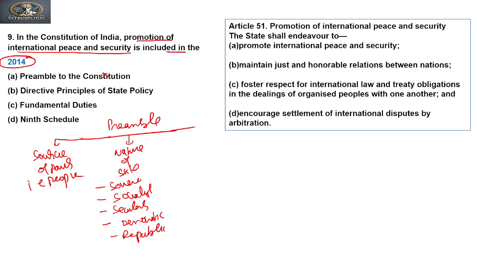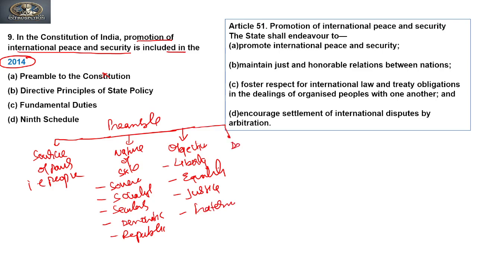And the third dimension of the preamble, which talks about the objectives of the Constitution, is liberty, equality, justice, and fraternity. And the last dimension was the date of adoption, that is on 26th November 1949.